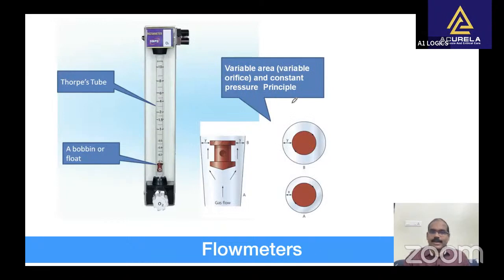The vertical rotameter is an example of constant pressure variable orifice flow meter. Its operation is based on the principle of Thorpe tube. This rotameter consists of three elements: a uniformly tapered flow tube, the Thorpe tube, a bobbin or float, that is the marker, and a measurement scale. The tube is positioned vertically with its smallest diameter end of the tapered flow tube at the bottom.